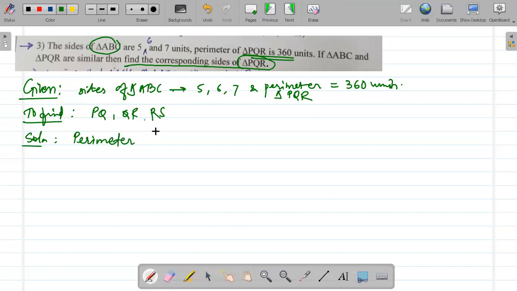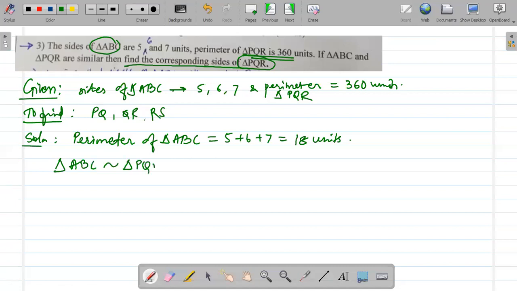So perimeter of triangle ABC is equal to, adding all the sides, what do we get? That is 5 plus 6 plus 7. Directly you can just write it out. That is equal to 18 units. And since the triangles are similar, we are given that triangle ABC is similar to triangle PQR.